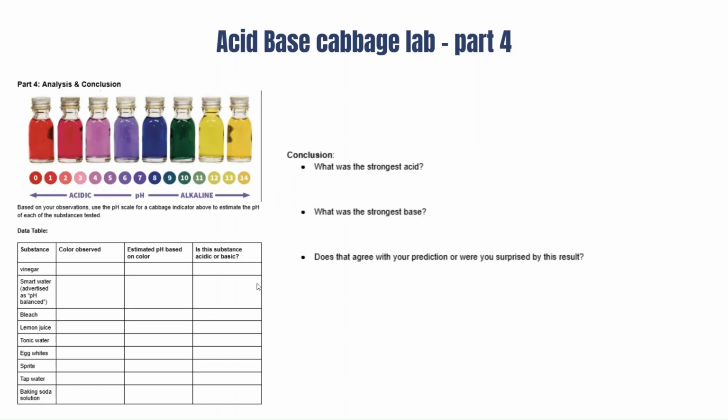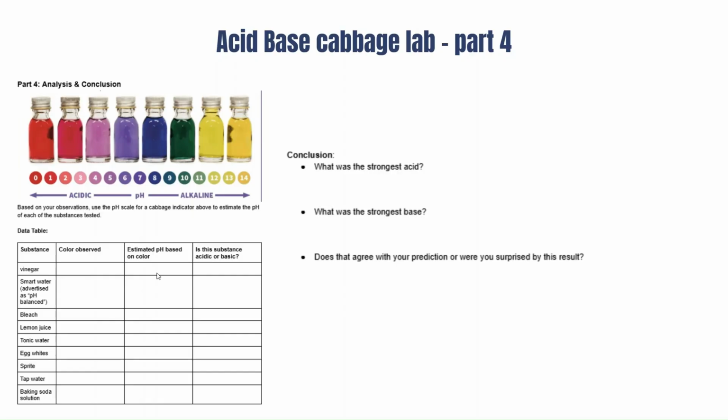And then finally, part 4 is your analysis and conclusion. So after you've gone through and colored in all of your cups, you're going to fill in this data table. So you're going to write in the color that was observed. And then based on that color, you're going to use this chart up here to determine what pH you think it is.